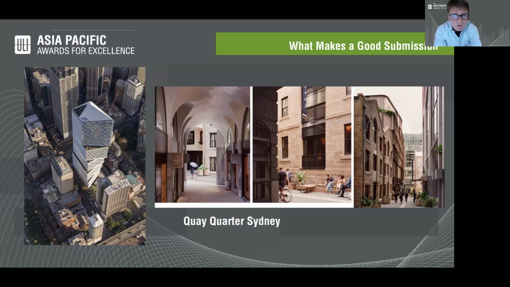Now, the Key Quarter area involves a couple of different typologies, which actually goes back to what I was just saying. This could have been entered in either the office category or in the open space category, or actually not the open space.